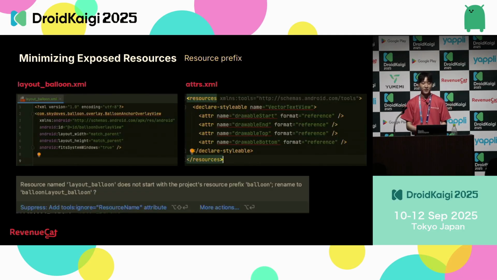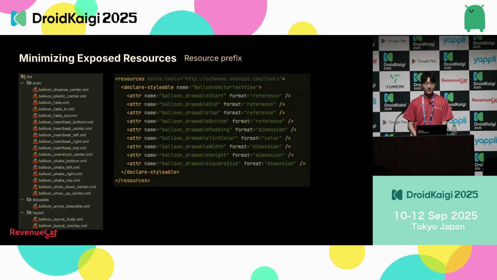Once you've set the prefix naming convention, you will see a compilation error if any of your resources doesn't follow the naming convention. Eventually, it forces your project to use the same prefix naming, and it will prevent your library users from overriding your library or SDK resources by mistake and breaking the features.